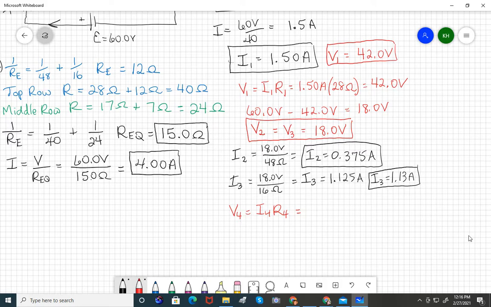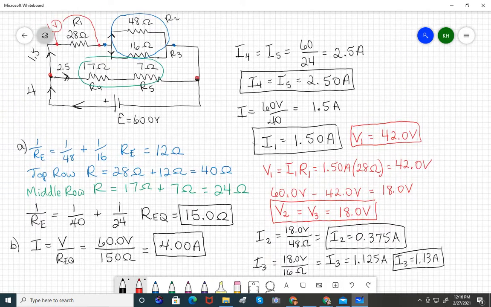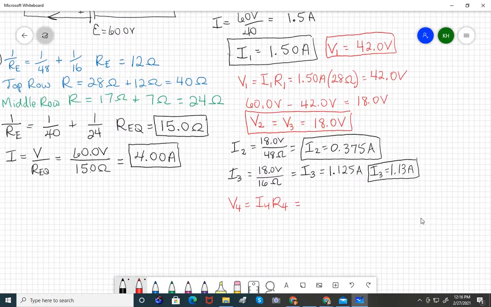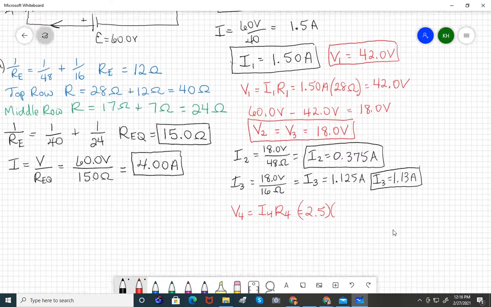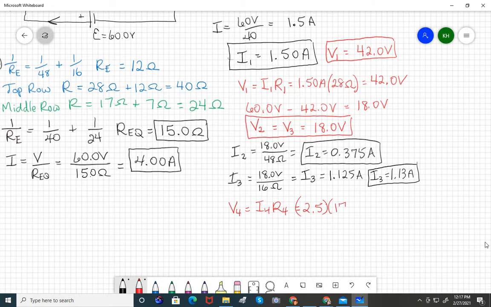The current through the fourth one was 2.5 amps. R4, I believe, was 17. 2.5 times 17 is 42.5 volts.